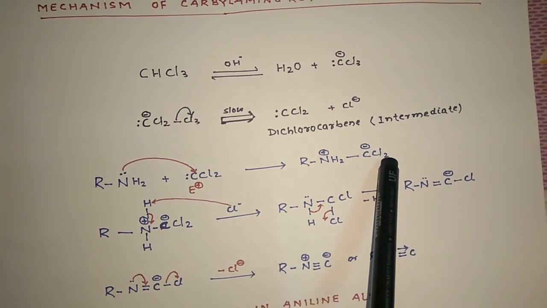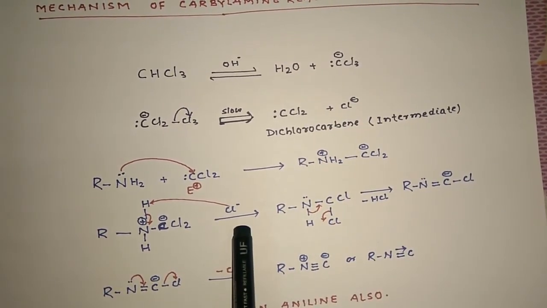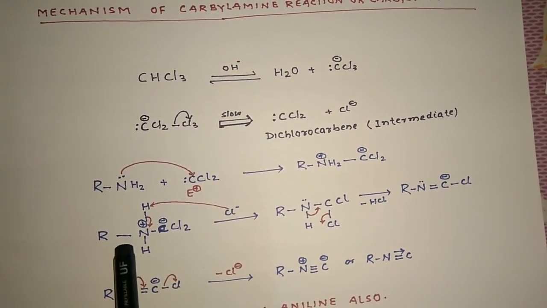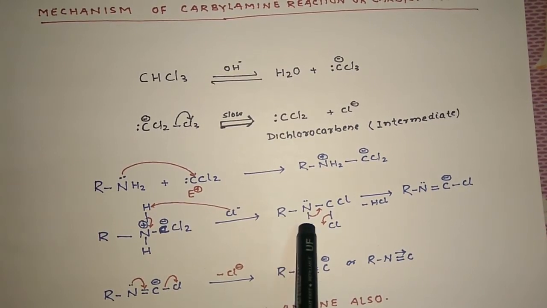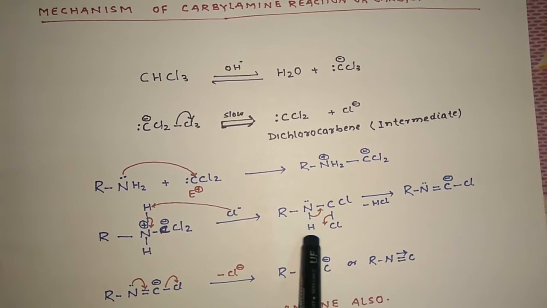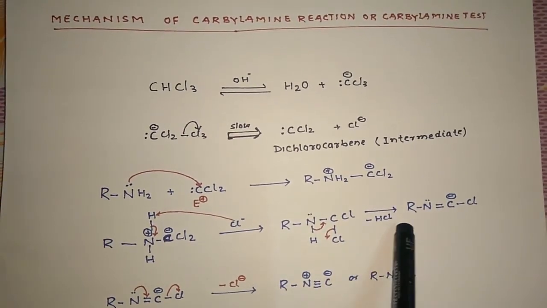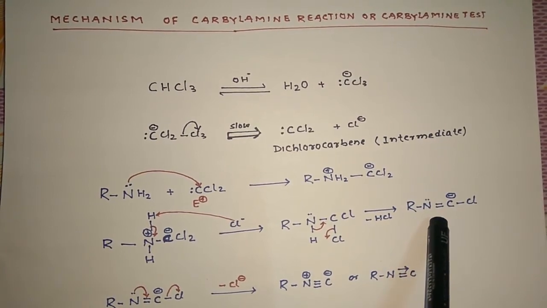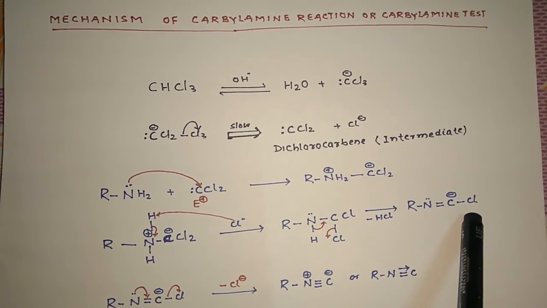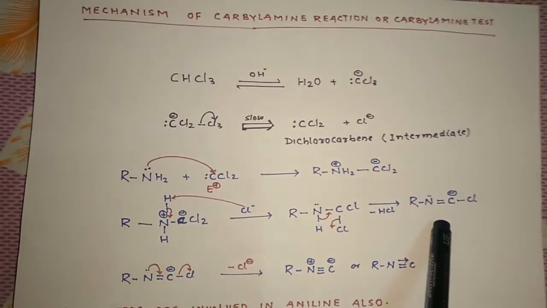Again, this chloride ion will attack the hydrogen which is attached to nitrogen and form RNHCCl2. Again, from this HCl will be removed and it forms R-N=C-Cl, and there is a negative charge on C.